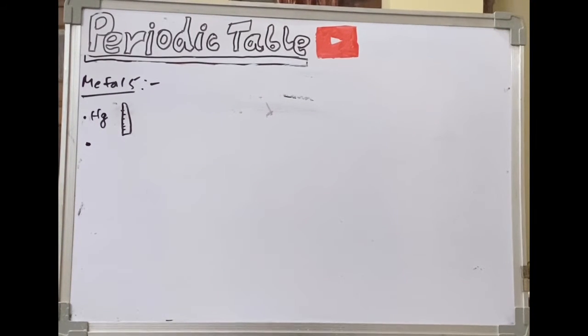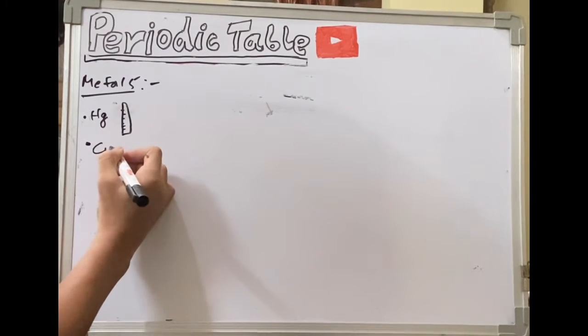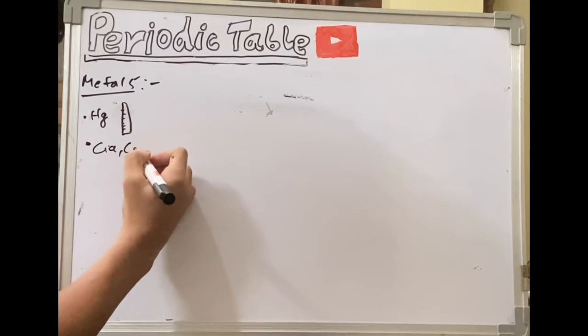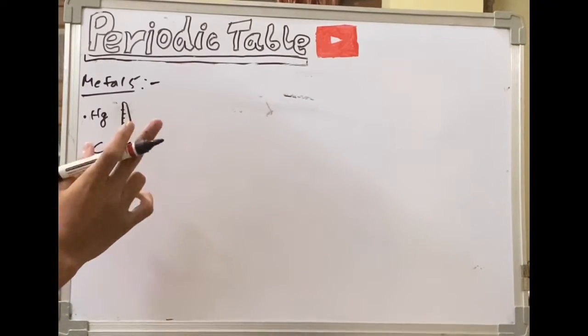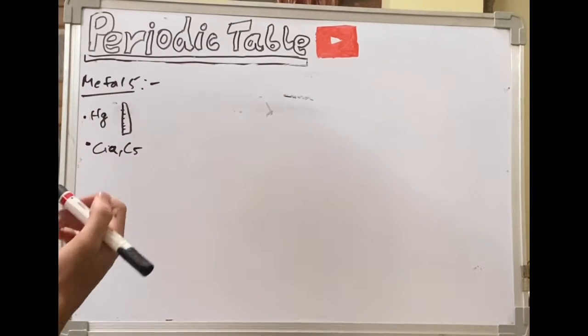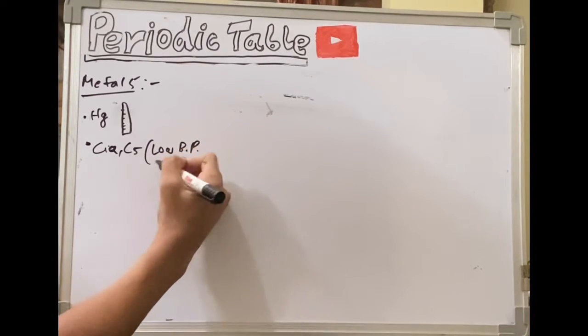They usually have a high melting point and boiling point, but there are exceptions over here as well. As this is chemistry, there are exceptions also. So cesium and gallium, Ga and Cs. A trick to remember: they have low BP and MP.